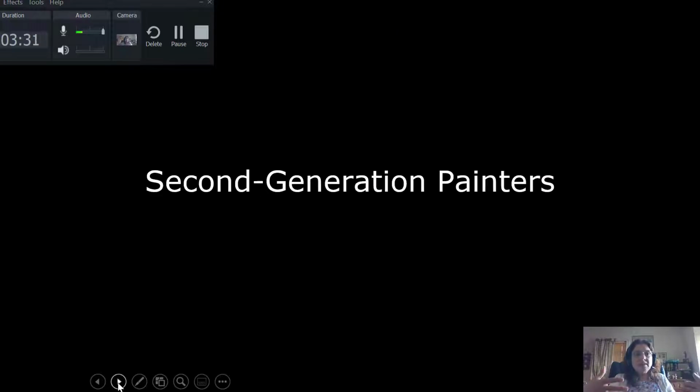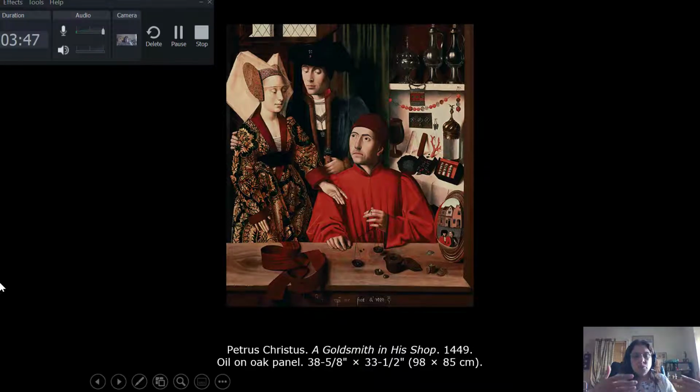So what happens then is we have these older painters that I've just shown you really set up the style in the North, and we have then another generation of painters that comes along known as the second generation painters. We have Petrus Christus, and this is his painting, A Goldsmith in a Shop.